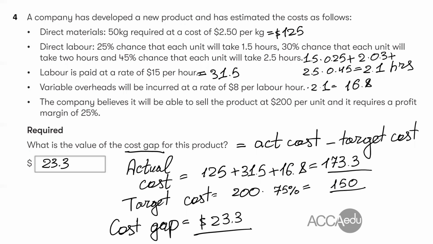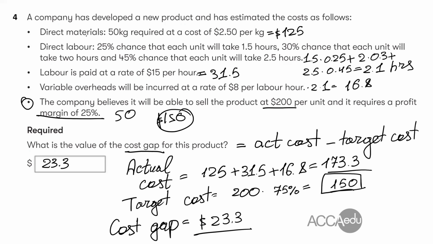So the target cost is, look, in the last section, the company believes it will be able to sell the product at $200 and a profit margin of 25%, which means 25% of this amount is profit, which is $50, and the other $150 is going to be the target cost.